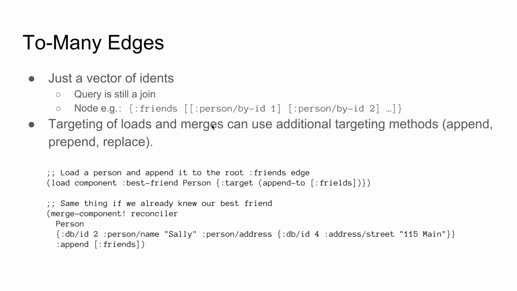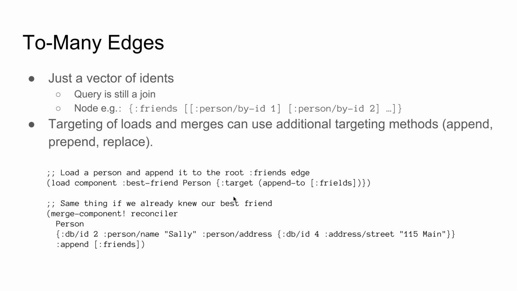And then targeting of loads and merges can use additional targeting methods like append, prepend, replace. So I could say load my best friend from the server, and this would normally default me to a best friend edge on the root node, but I can add an option here that says, and target that to appending it to the current root, I should say friends field.